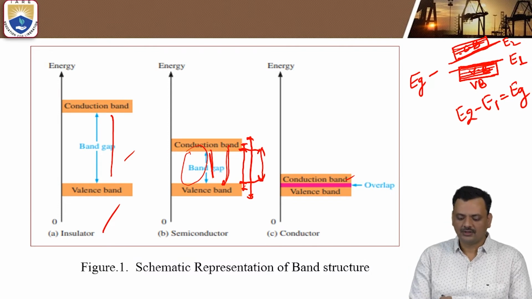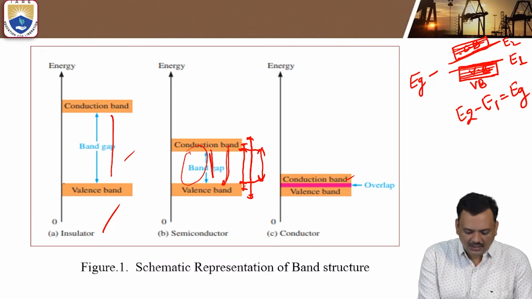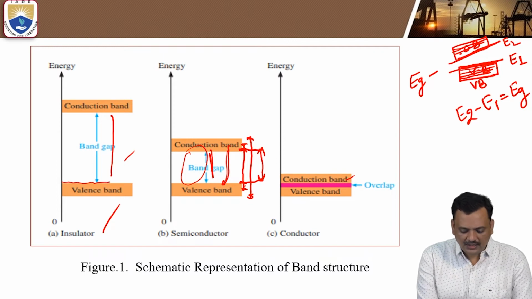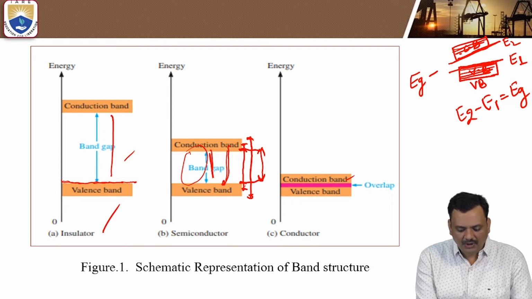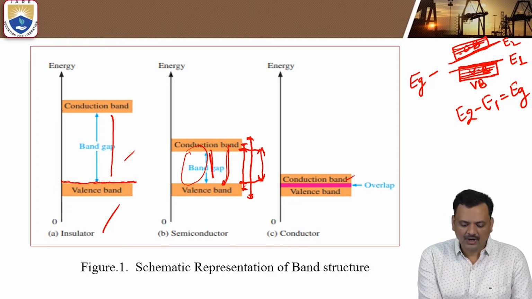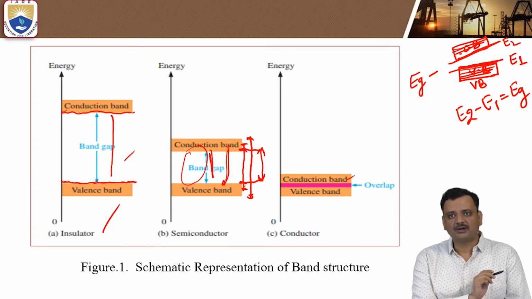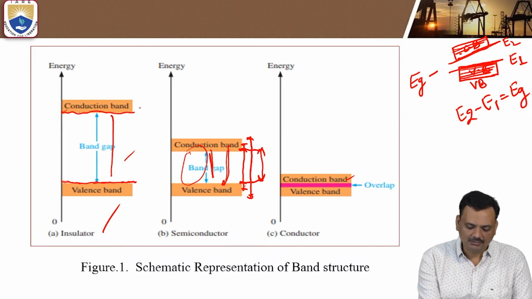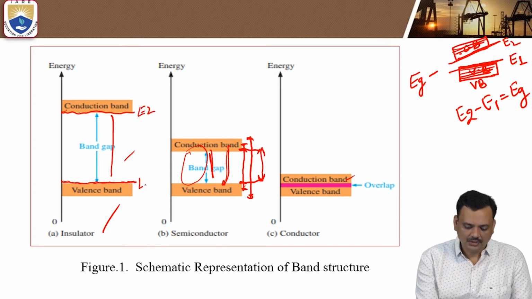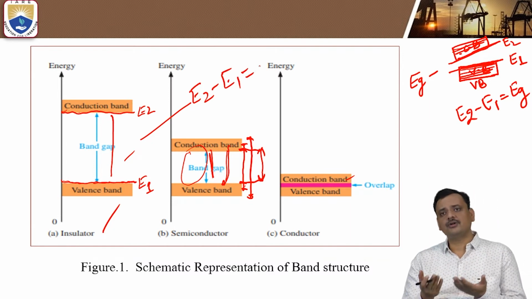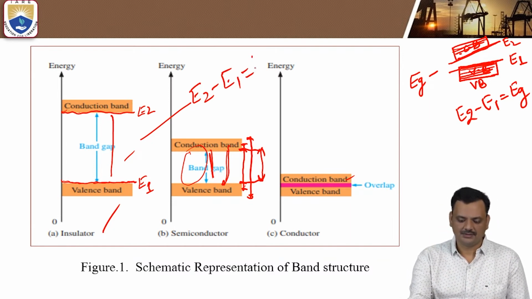Okay. So EG is what? What is the energy value here? It means the top of the valence band. And what is the energy value here? It means the bottom of the conduction band. So suppose this is E2 and this is E1. Then E2 minus E1 gives your band gap value EG.